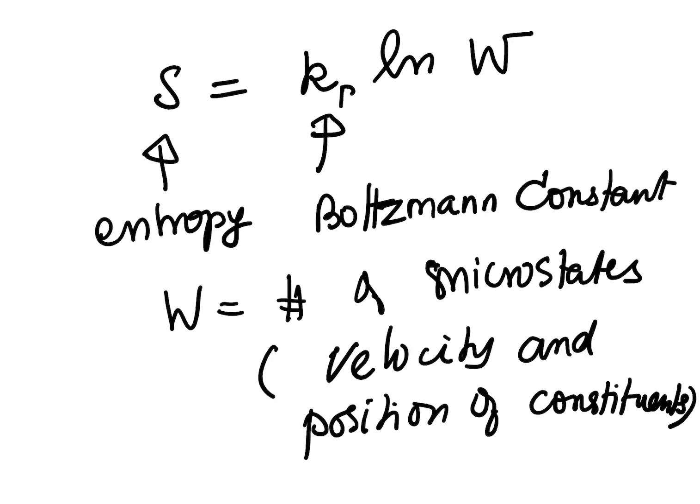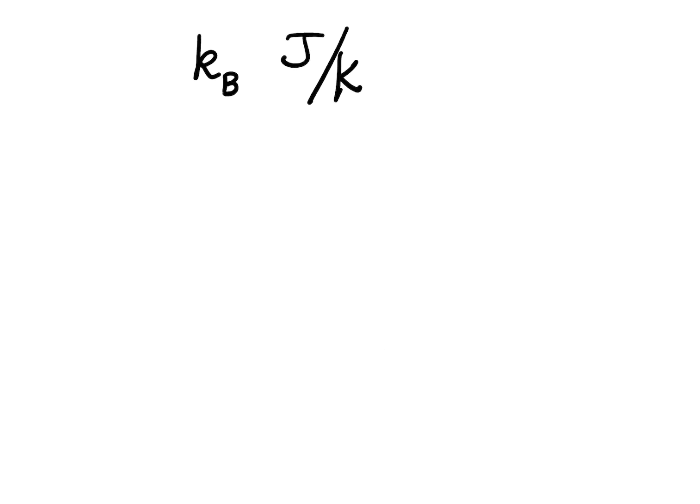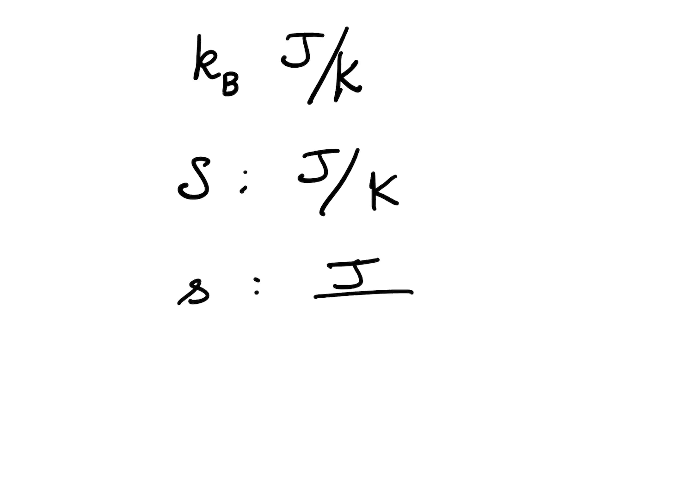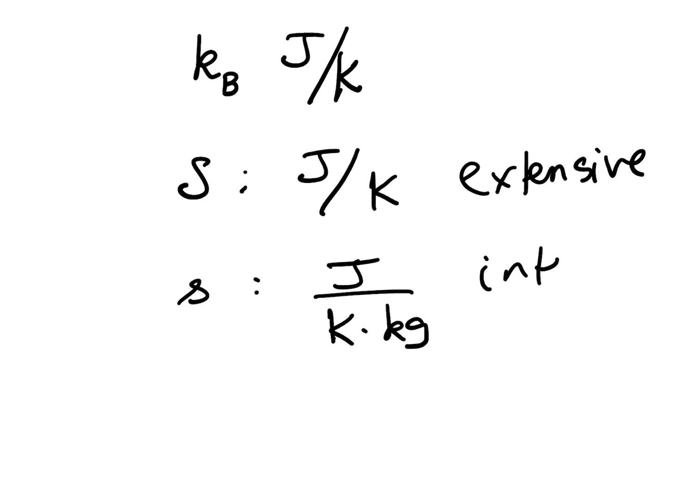Now, K has units of joule per Kelvin. I'll write K_B. So entropy itself has units of joule per Kelvin, and we define the specific entropy, which is joule per Kelvin per kg. This is the extensive version, and this is the intensive version.